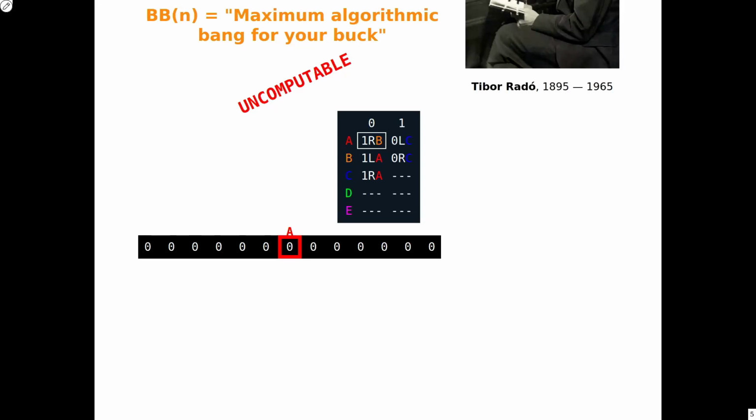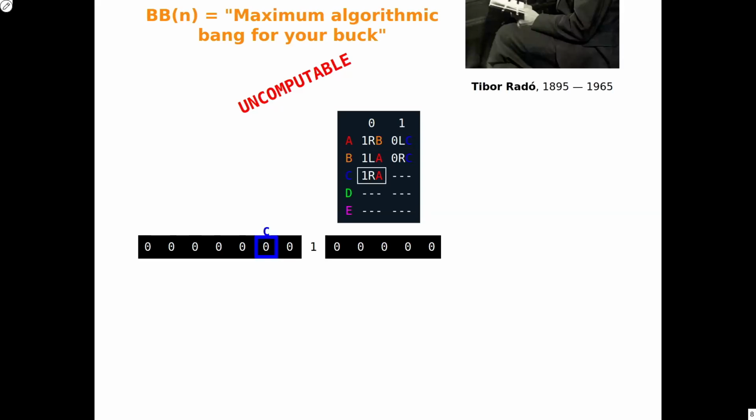We start in state A. We study 5-state Turing machines, so you have 5 states, one row per state: A, B, C, D, E. Each time the machine reads something on the tape, here it reads a 0, it looks at the instruction that it should execute at that moment. So 1RB means I'm going to write a 1, move to the right, and then look at instruction B. You can think of states a bit like function names in a programming language.